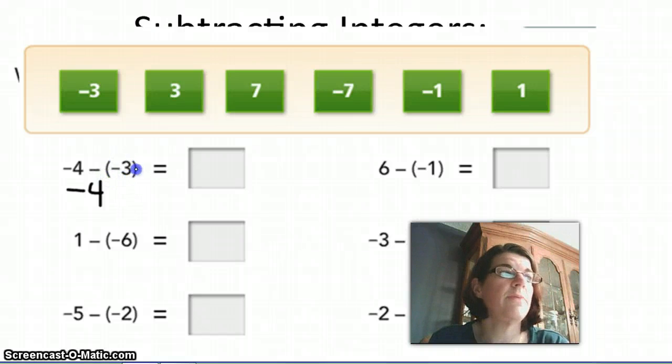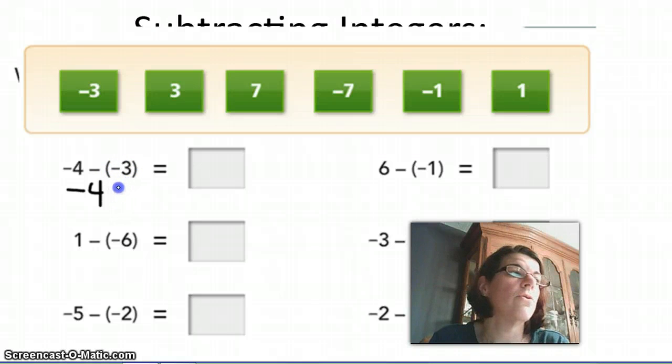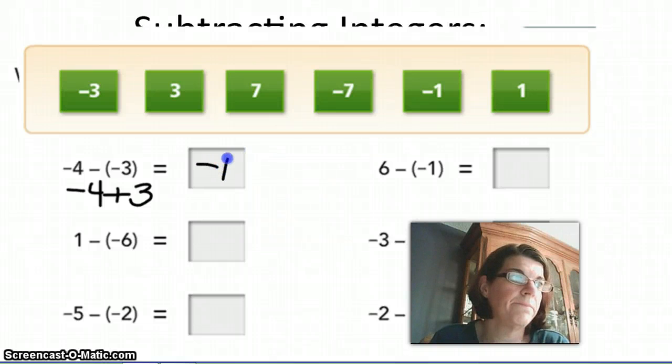Taking away a debt would be giving it back. So that would be equivalent to, if they take away a debt of $3 at the bank, then you get to keep that money. So that would be the same as adding 3. So if I have a debt of 4 and I add 3, then I am left with negative 1.